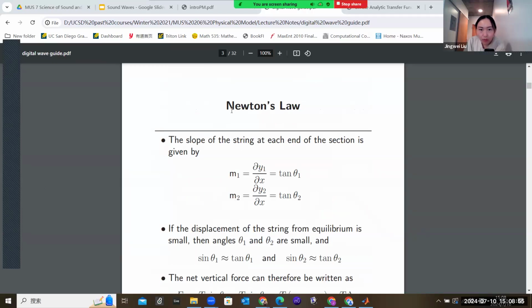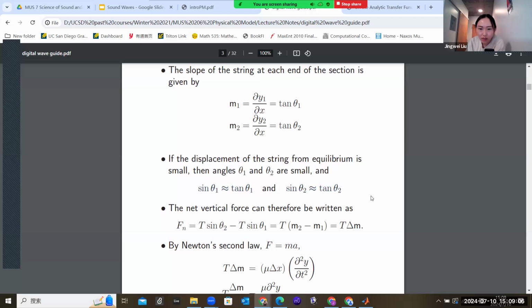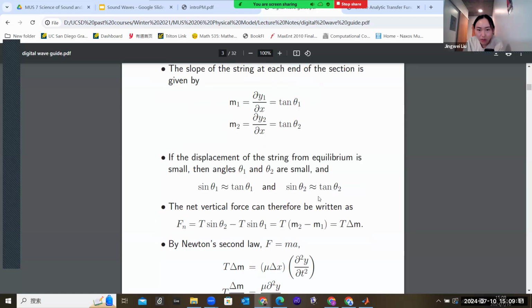Okay. And then we follow Newton's law. Here they did another approximation, since sine and tangent are basically the same. So there are a lot of approximations to derive this formula.